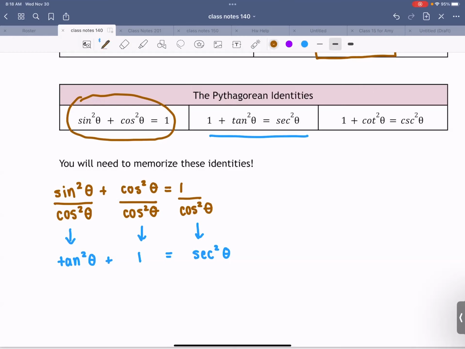Now, okay, let's pretend I didn't know the third one. I can still remember sine squared plus cosine squared equals 1, but this time I'm not going to divide by cosine, but by sine, okay? So I'm going to divide everything by sine squared.